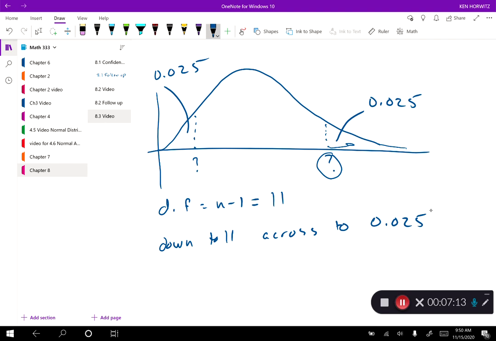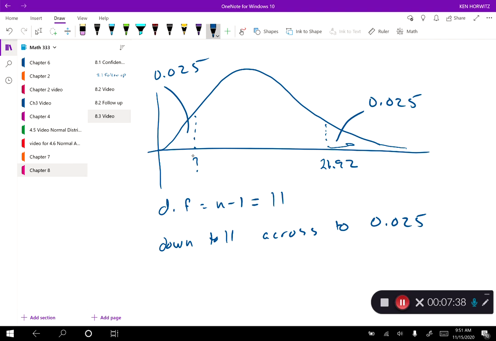And then I get my value, which would be 21.92. Different charts go out a different amount of decimal places, so go out as many decimal places as your chart will allow.